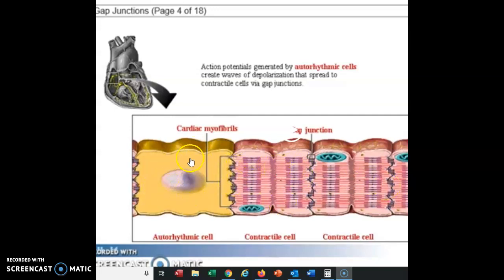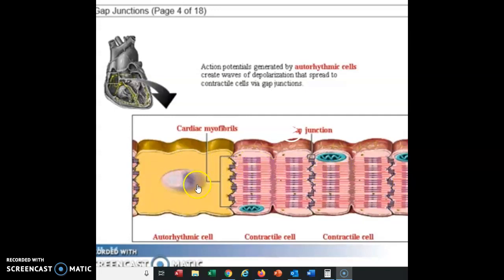So remember that we said in the last subject that depolarization causes contraction, repolarization causes relaxation. Well, the autorhythmic cells, the cells in the SA node, the nodal branches, the AV node, and so forth, are not going to actually contract, but they're going to initiate the ion flow, and then that's going to be sent from cell to cell to cell.